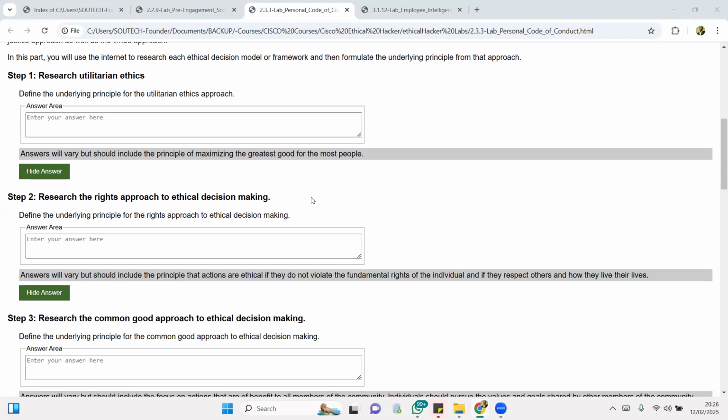So if you are going to act, your decision is going to be: are you going to violate GDPR, for instance, the General Data Protection Regulation? Are you going to violate the cybercrime law for your country, for your state, depending on where you're watching this video from? If you will not violate someone else's fundamental right, then you're good to go.